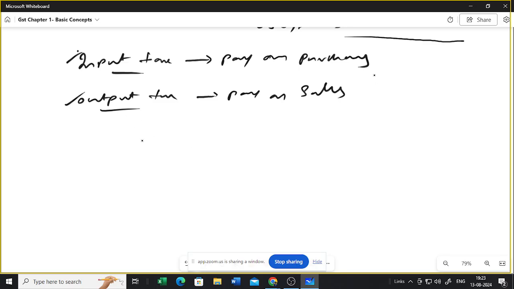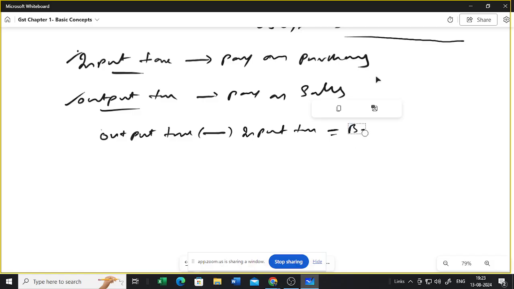The simple calculation is: output tax minus input tax equals tax payable to the government, or you can say balance tax payable.